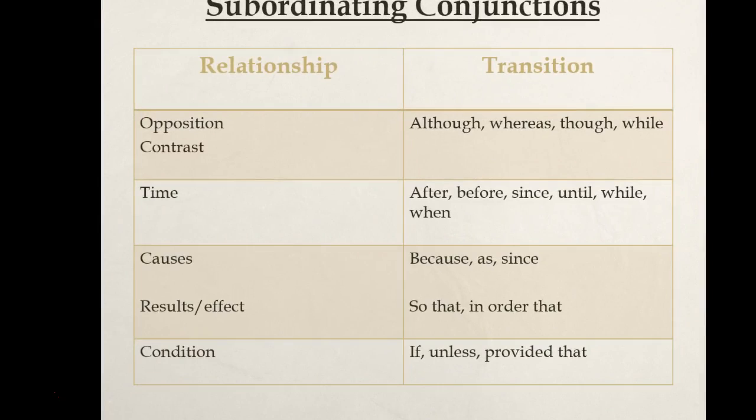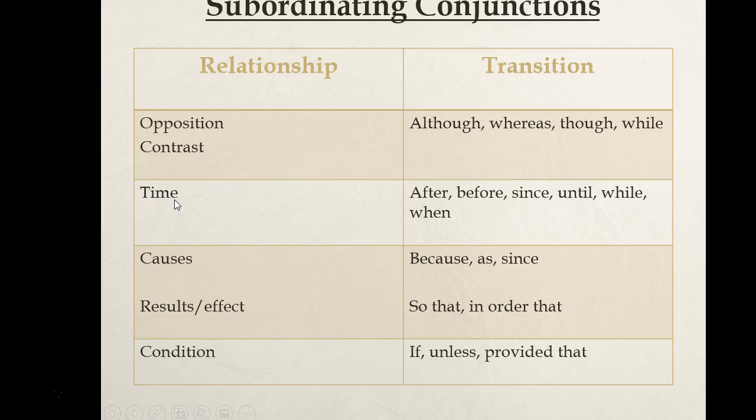Now, there are many subordinating conjunctions, and we use them to show different relationships between the two clauses in the sentence. So here are some transitions that show opposition or contrast: although, whereas, though, and while. These show opposites.